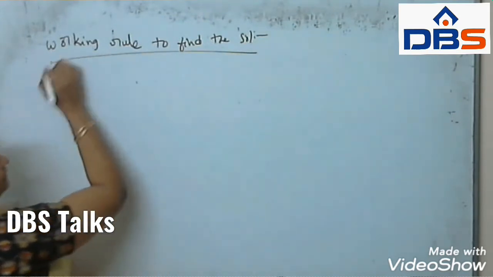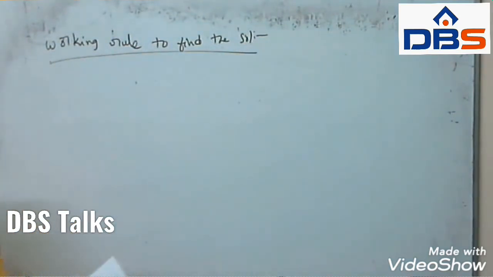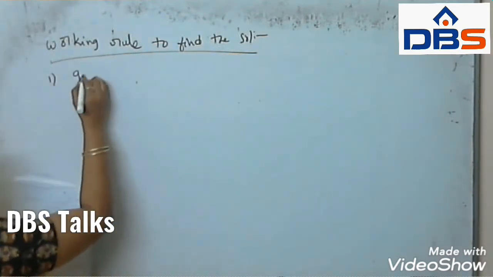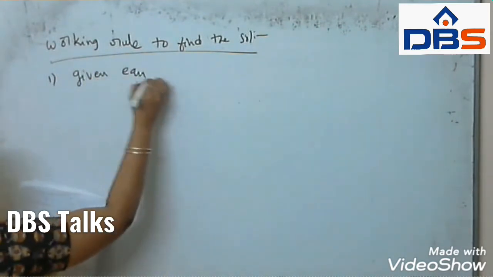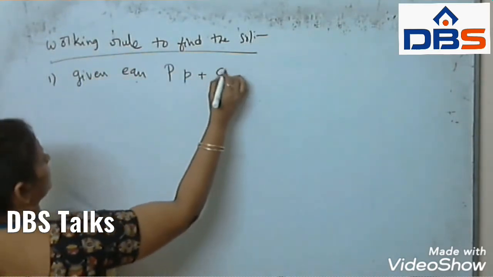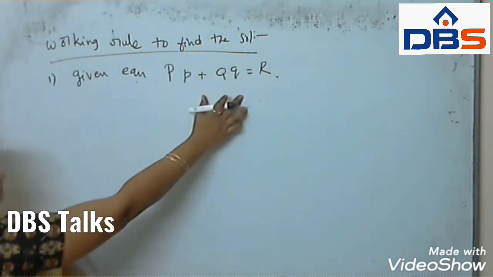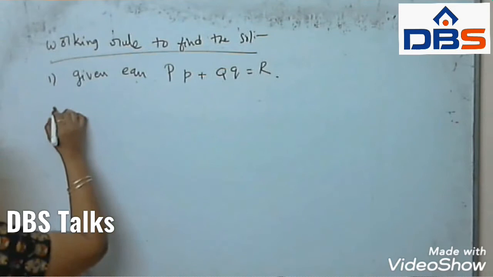Here, finding the solution means finding the functions u and v. So first, the given equation is Pp plus Qq equal to R.